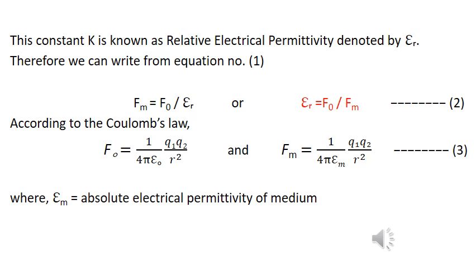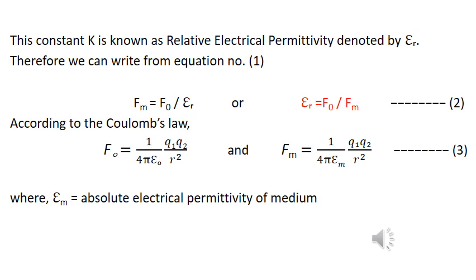Now, according to Coulomb's law, we can write the value of the two forces. First one is F0, that is the force acting between the 2 point charges separated by the distance r in free space, equal to 1 by 4 pi epsilon naught Q1 Q2 by r square. And the same for the force acting between the two charges separated by the distance r in medium is equal to 1 by 4 pi epsilon m into Q1 Q2 by r square.